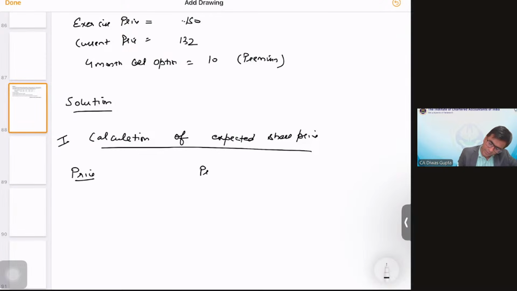Price, probability. Now here the question is straightforwardly asking us what is the expected share price? The expected share price will be the probability multiplied by the respective prices.